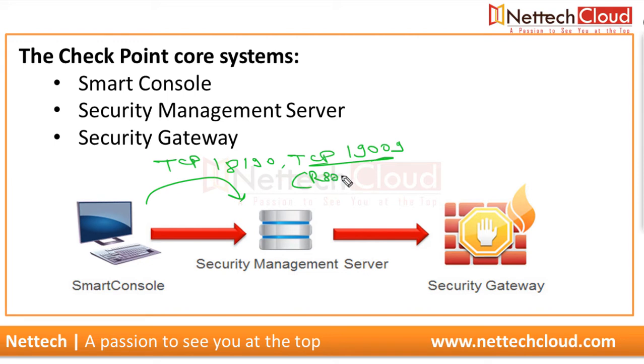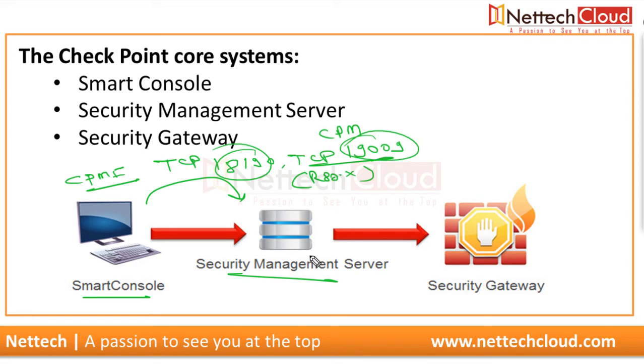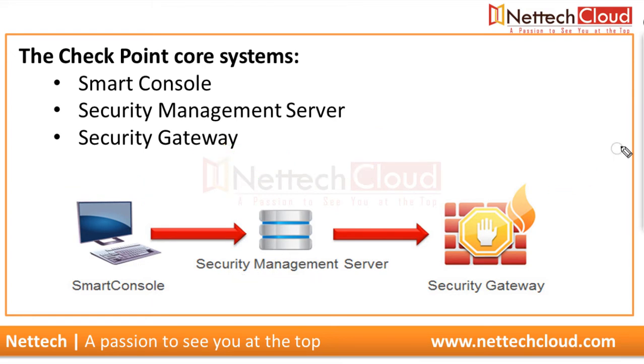CPM, Checkpoint Management server, and this one is CPMI, Checkpoint Management Interface. But the question here is, do we need to care about both the ports, 18190 and 19009, when this smart console connects to the management server? Not really. Let me explain why we don't need to worry about both the ports.